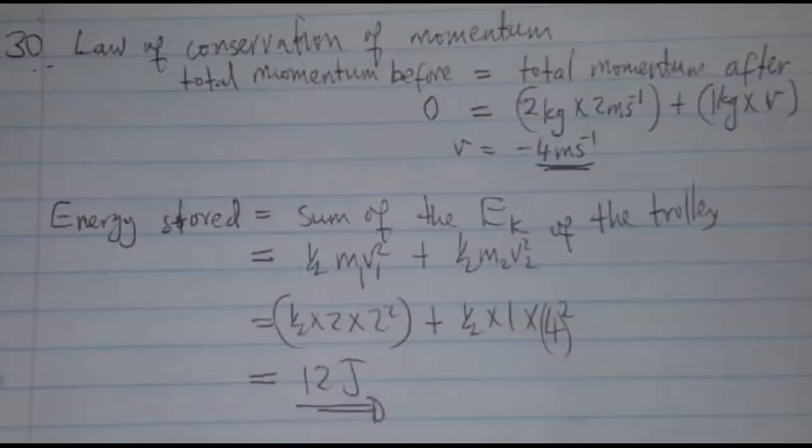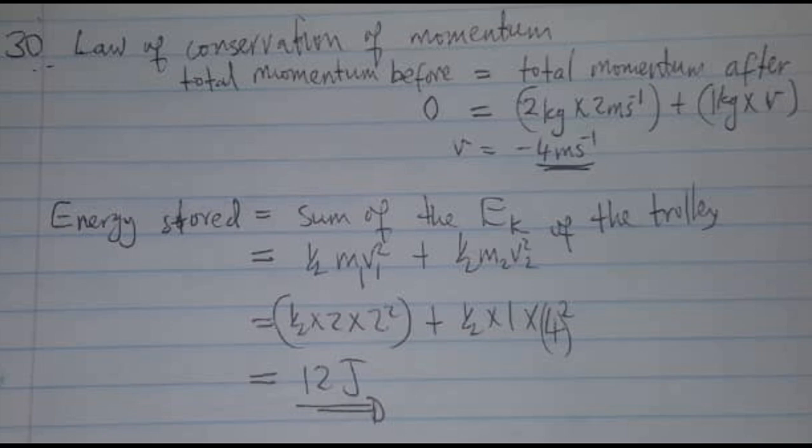Right, so according to the law of conservation of energy, the energy that's going to be elastic potential energy should be converted to kinetic energy. That is, the energy stored is equal to the sum of the kinetic energy of the trolleys. Since the momentum is also conserved, we find the total momentum before the interaction.